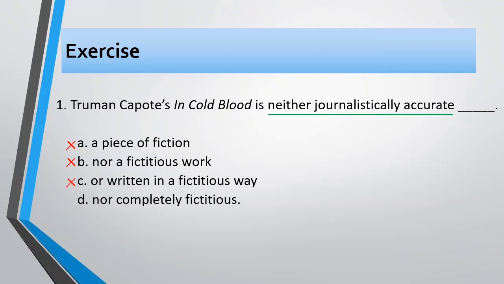D. Nor completely fictitious. The correct answer, because the conjunction is paired, neither, nor, and followed by an adjective phrase, completely fictitious. So, the complete sentence is: Truman Capote's In Cold Blood is neither journalistically accurate nor completely fictitious.